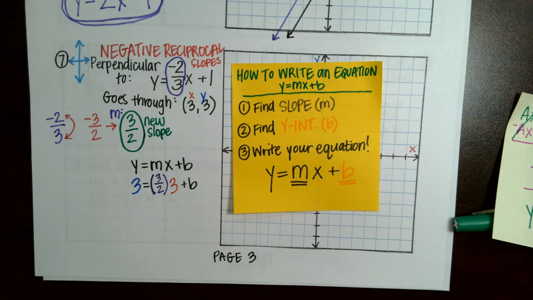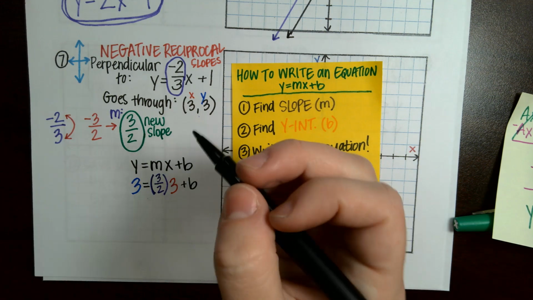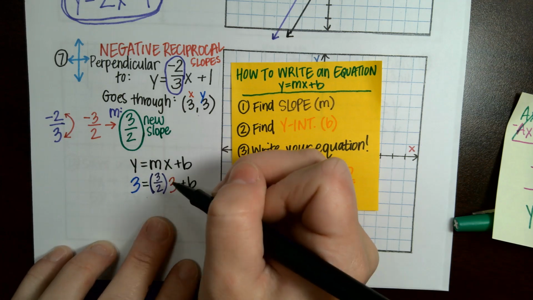So I need to do 3 halves times 3. What's that going to give me? 4.5. That's what I got too. You guys all getting 4.5 for that?